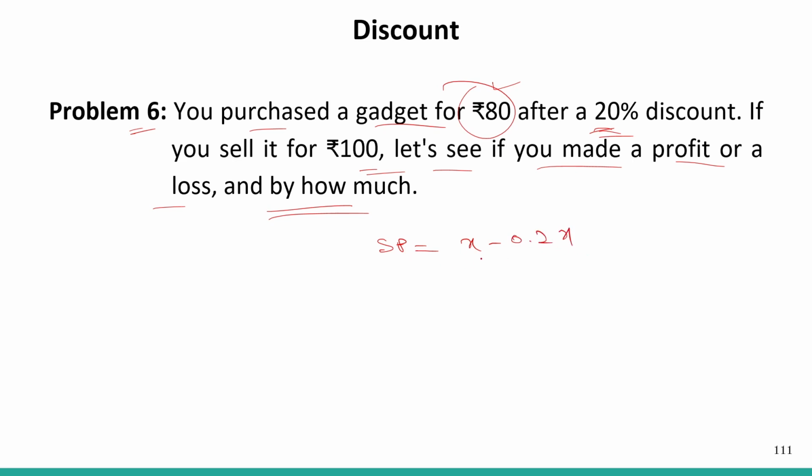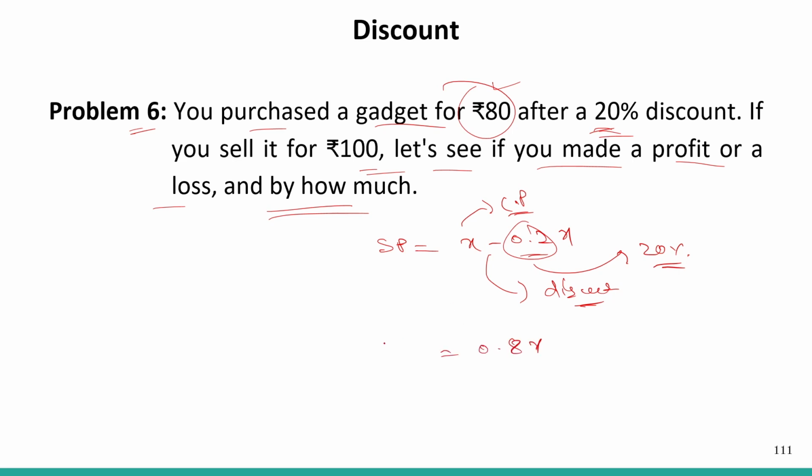You will say, why are these kinds of terms here? So we have assumed X as CP here, that is the cost price, right? And 0.2x, why? So negative was there because we have got a discount, and 0.2 was from 20%. Okay, because the discount 20% in decimal form will be 0.2. So this is equal to 0.8x.